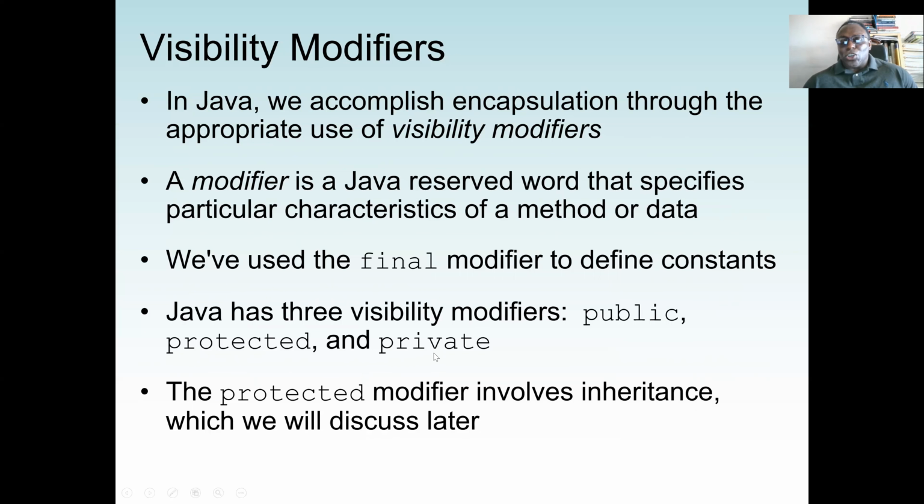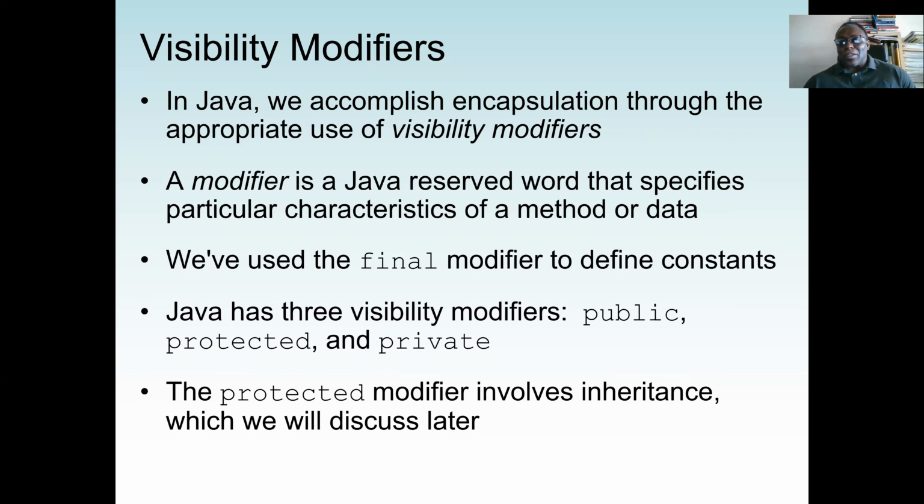Then the most secure is private. Most of the time in Java, we don't specify the class methods as private, because methods normally perform a function. So I can use a method in class A to perform some function in class B, or one method can do functions for both classes. But if I make a method private, it can only be used or seen by the class where it is defined.